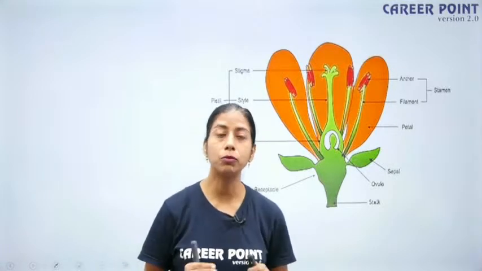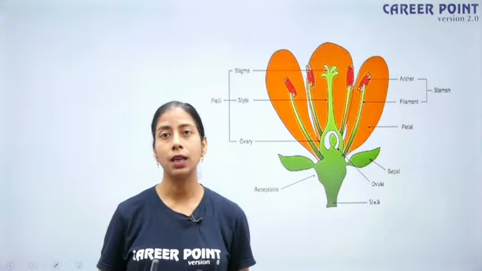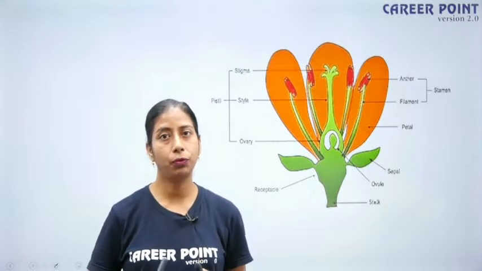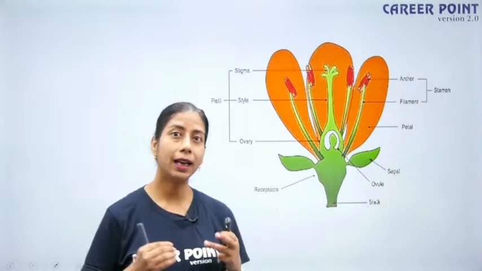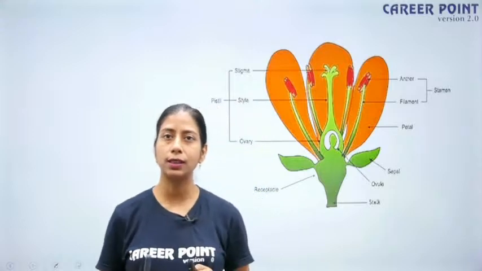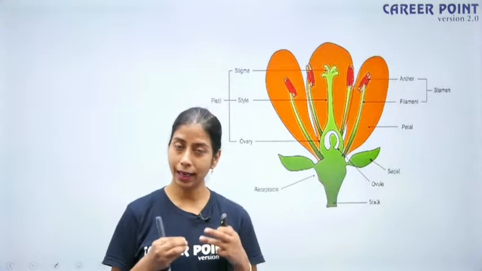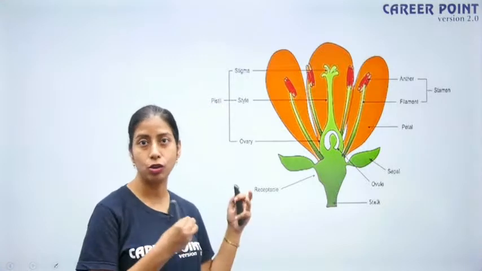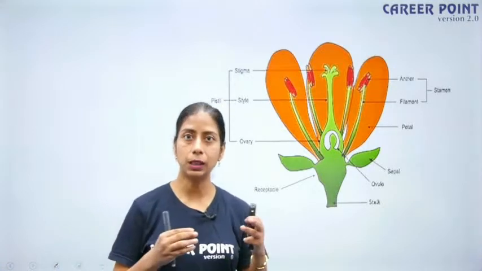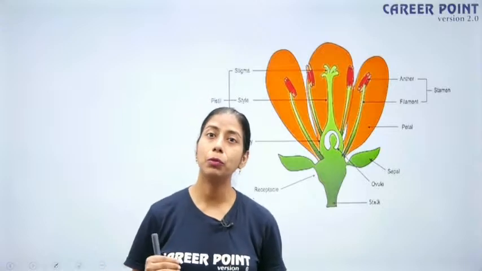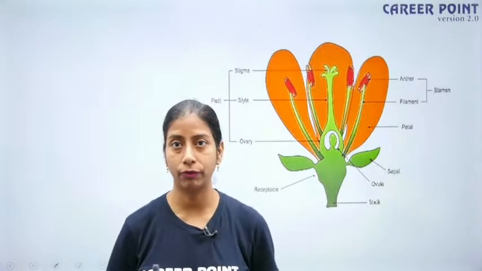Once we come to the fertilization process, today's topic will be done, which will be followed by a few questions which you always answer in a very good manner. So again, I have framed a few questions based on today's topic. So let's begin with the topic, and I'm going to start with the parts of the flower.